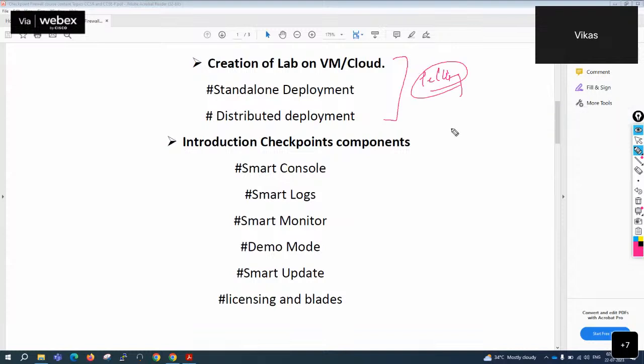Although I would not suggest creating your own lab on the laptop and waiting every day for that lab to start before you work on it. It's a bit complex actually.